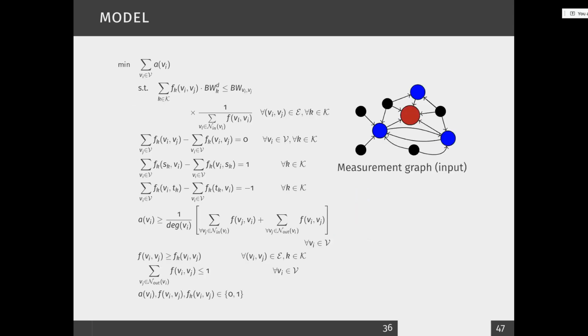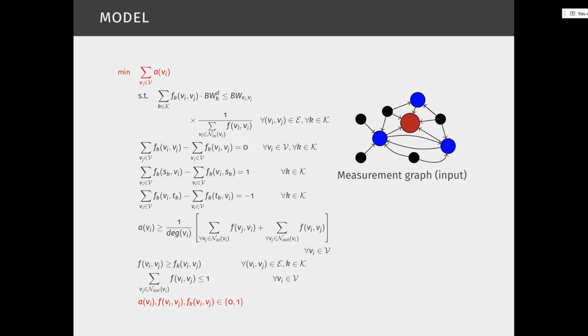So for this problem, we also formulated it as an optimization problem. I will go through it quickly. We have also variables A_vi that tell us whether a node is turned on or off. We have here variables that are not path variables, they are arc variables.